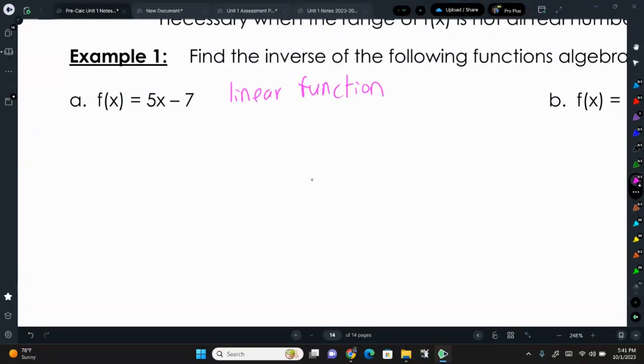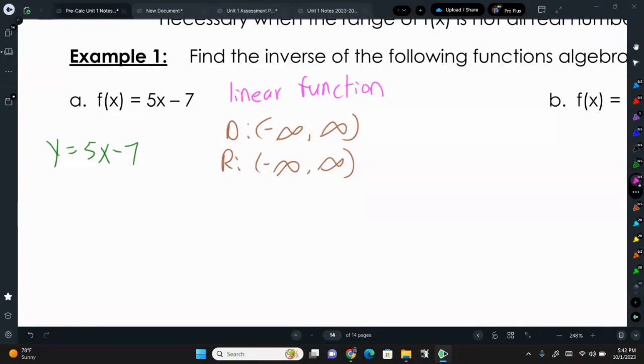And a linear function passes the horizontal line test. So the domain of this will be negative infinity, infinity. The range is also negative infinity, infinity. And when we talk about the inverse and we switch them, the domain and range will still be negative infinity, infinity.